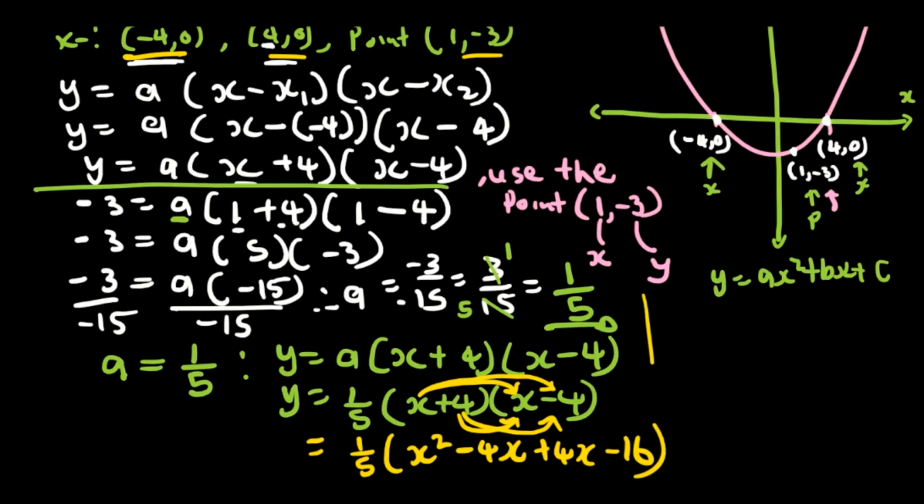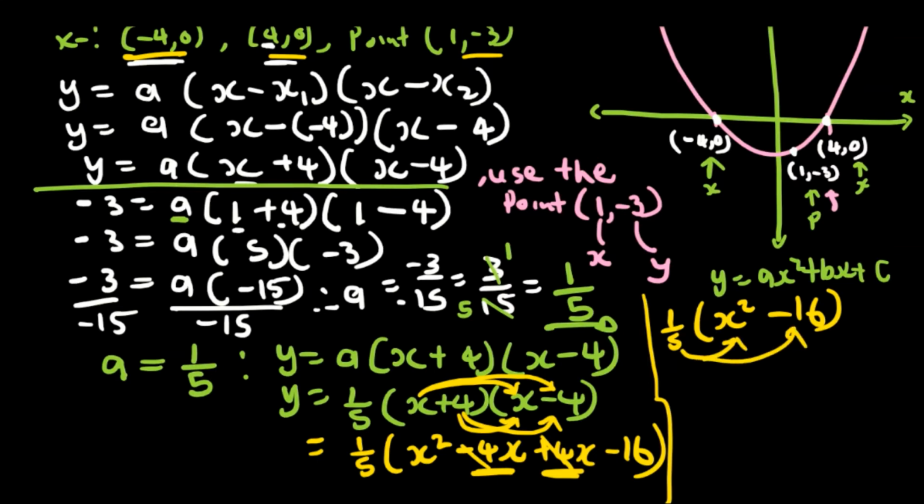You have 1 over 5 into (x squared minus 4x plus 4x minus 16). The minus 4x and the plus 4x cancel out, so you have x squared minus 16. Then your 1 over 5 multiplies everything inside the bracket, giving x squared over 5 minus 16 over 5.